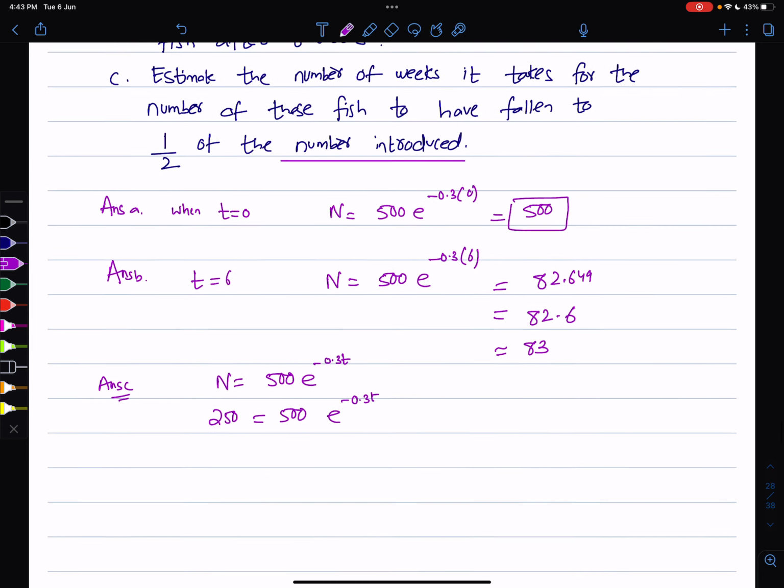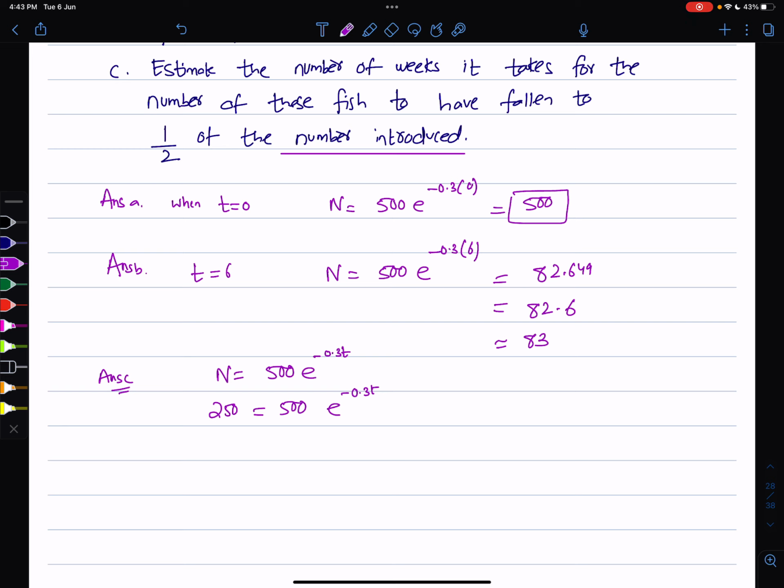So we are going to solve this equation. 250 divided by 500 is half. Applying ln on both sides, I can express this as ln e to the power of minus 0.3t equals ln of half.